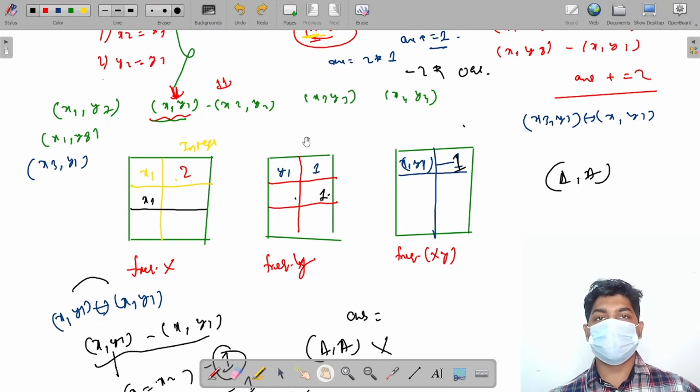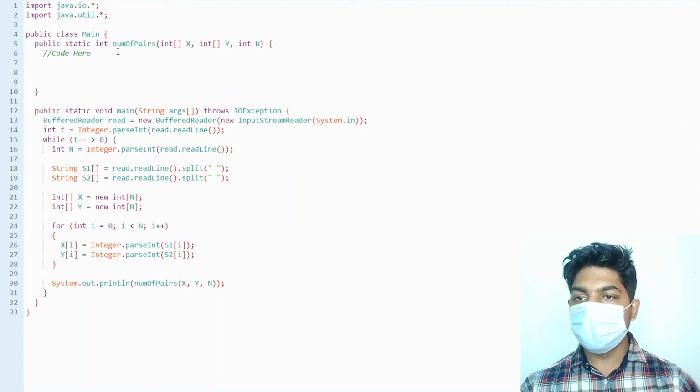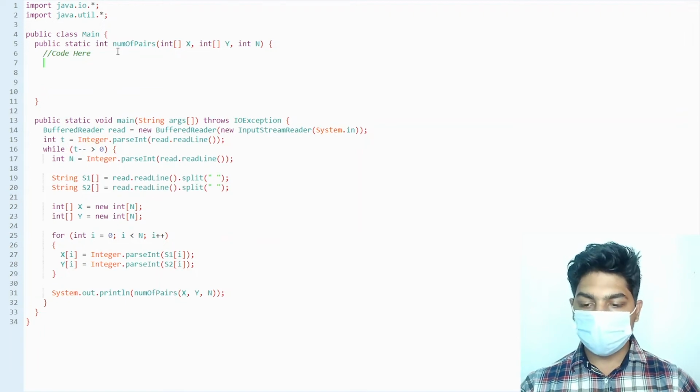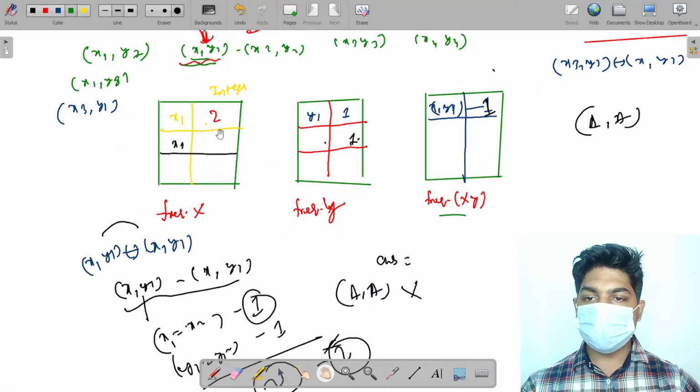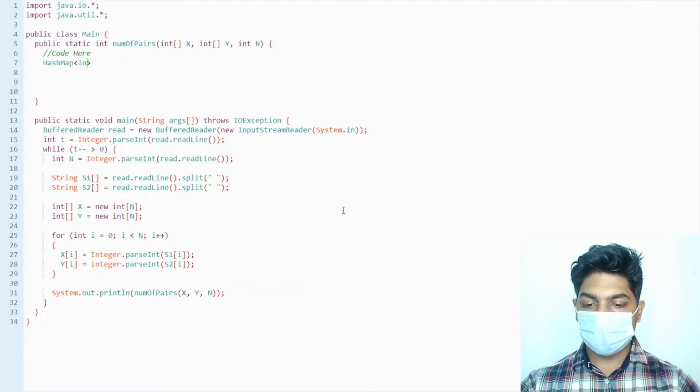Now let's move on to the coding part for this problem. So now let's code this problem. What we need to make is some maps, as discussed. We want some frequency maps for x, y and xy. So let's make a hash map of integer comma integer.